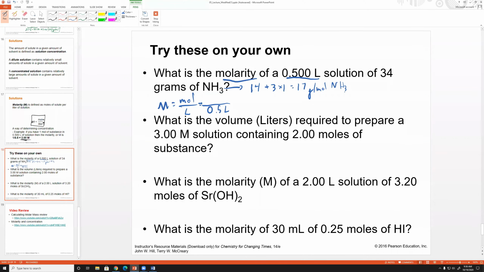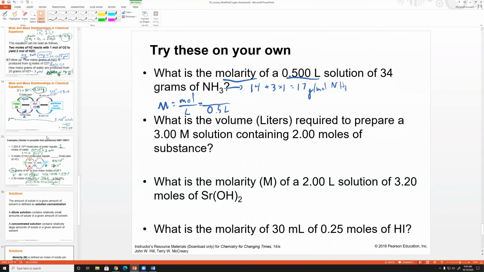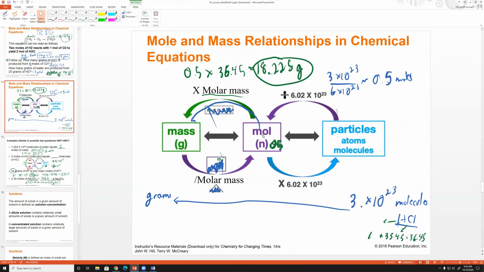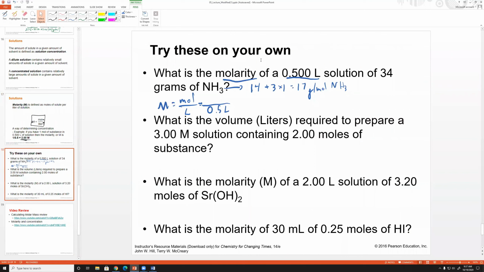We're doing this in order to find the number of moles of NH3 that's in 34 grams of NH3. So if we look back at our chart, if we're going from mass to moles, we are dividing by the molar mass. So we're taking this 34 grams that we have, and we're dividing it by the molar mass of NH3.